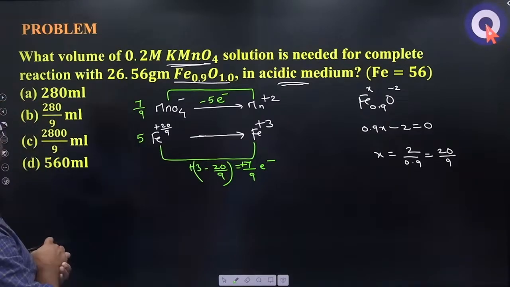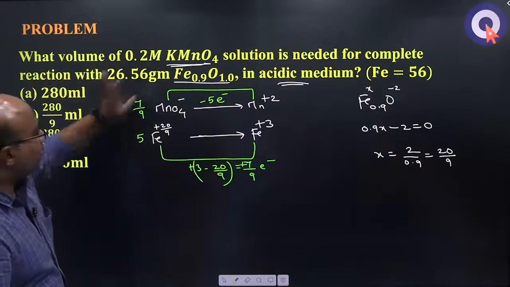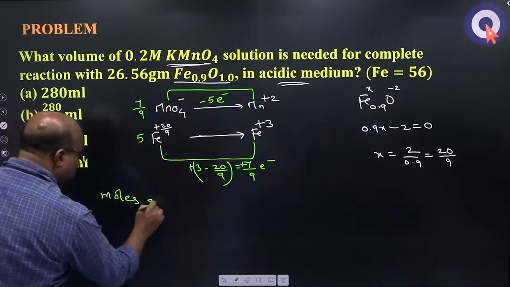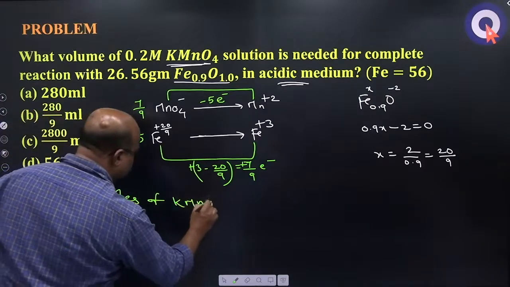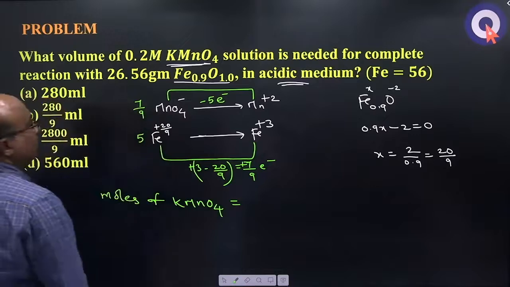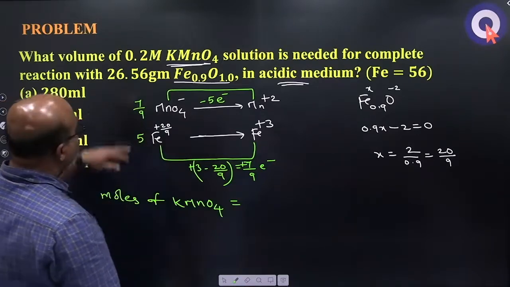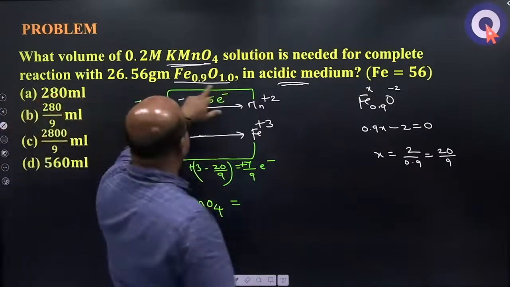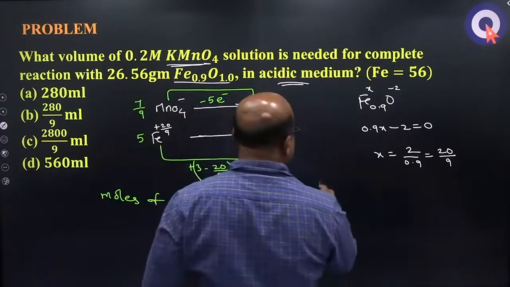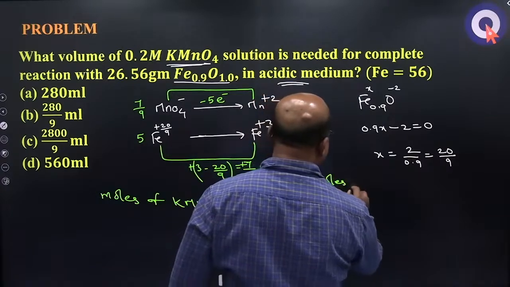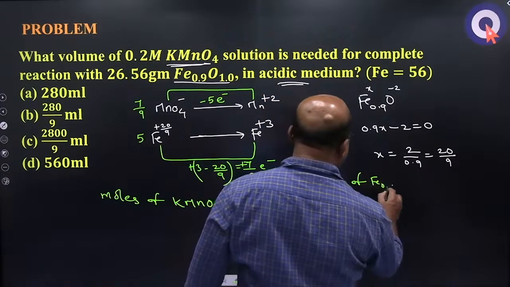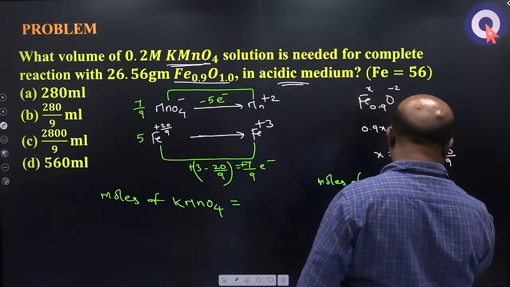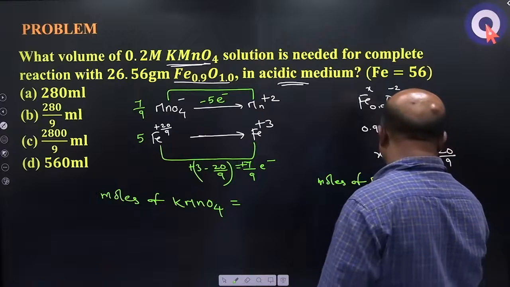What is being asked is the volume of this. So the moles of KMnO4 that are required: for 7 by 9 moles of Fe0.9O we require 5 moles. Let us first find the weight. The moles of Fe0.9O is 26.56 grams divided by the mass of this.